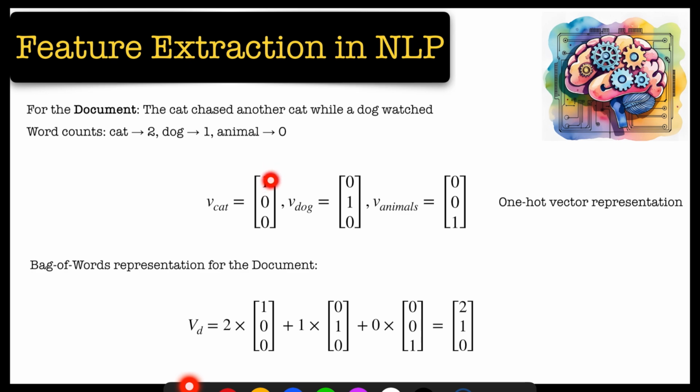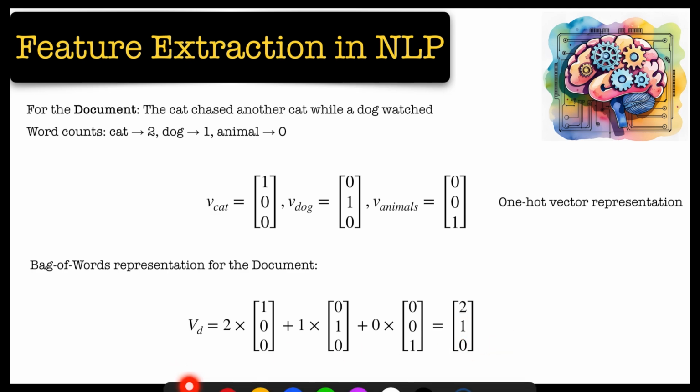Only the first position is 1 for cat, second position 1 for dog and last position 1 for animals. We are just considering 3 dimensions for visualization. So the bag of words representation for the document will be 2 times Vcat plus 1 times Vdog plus 0 times Vanimal. So we get 2, 1, 0, the same vector.